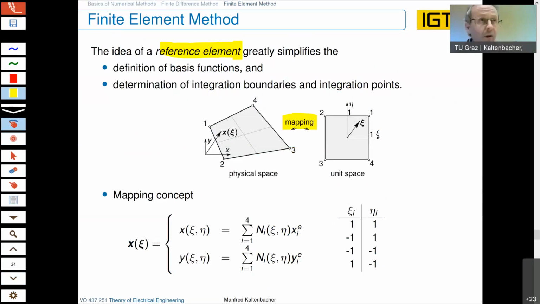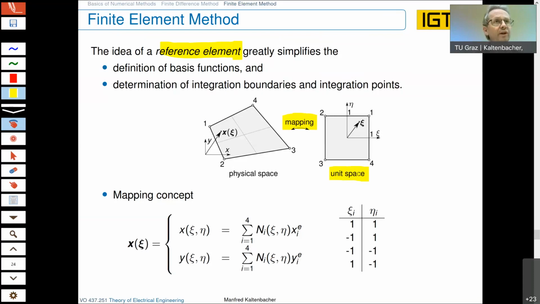Because if we come up to a reference element, then this, as you see here in the so-called unit space, always has the same shape. So we just have to compute in a pre-computation where the optimal integration points are, because we will do a numerical integration. And we can pre-compute our basis function. And everything is resolved.